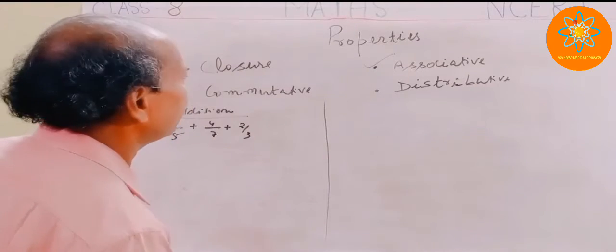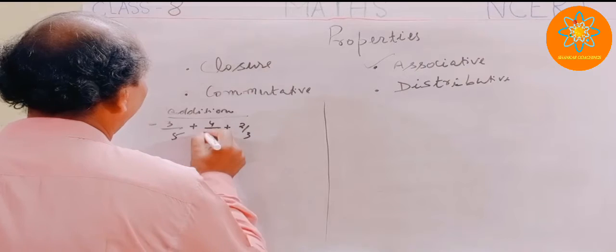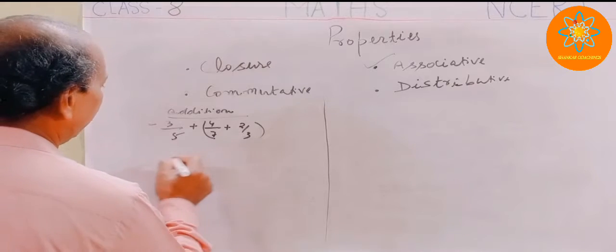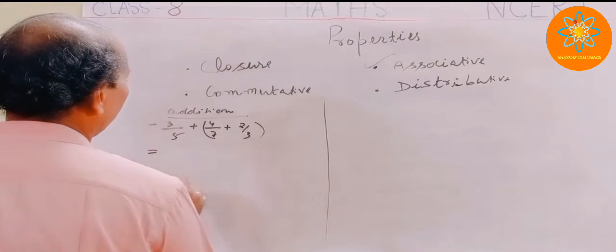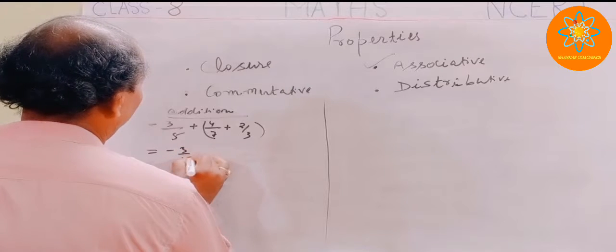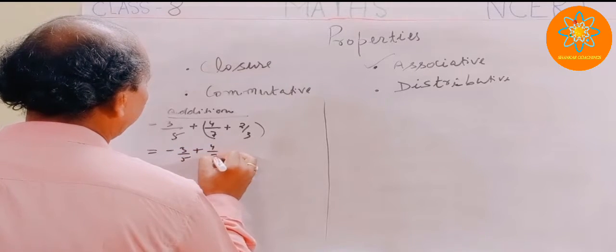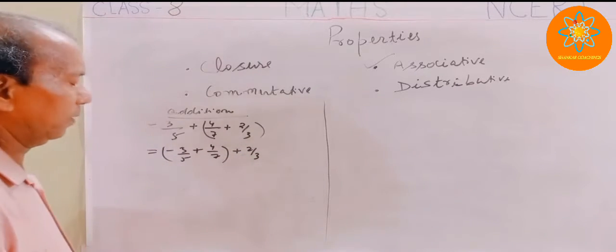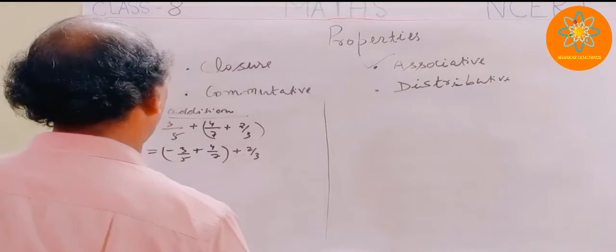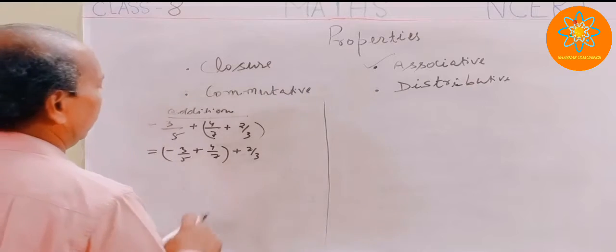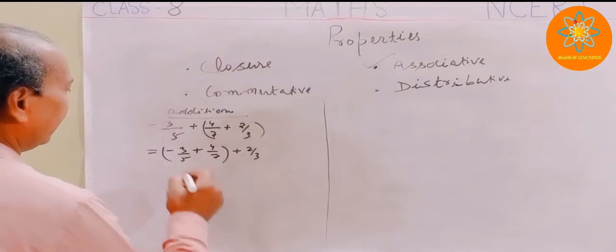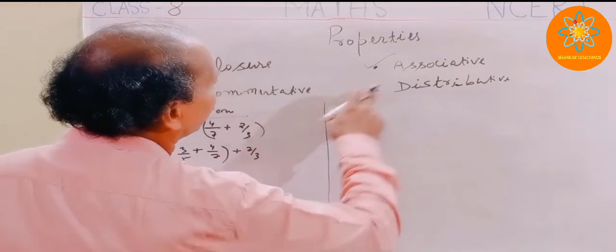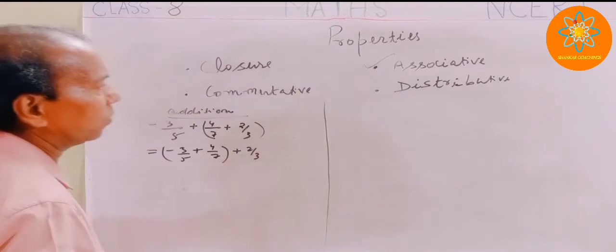For checking this associative property, I will take the first two first, and then we want to see whether this is equal to minus 3/5 plus the sum of 4/7 and 2/3. If I solve this one, we get equal values. Since we are getting equal values, that indicates that associative property is true for addition.